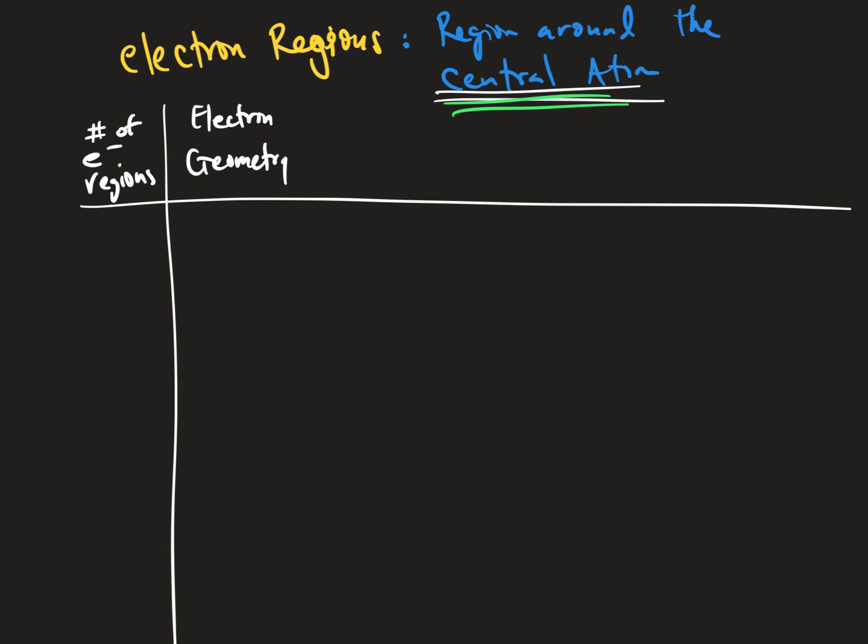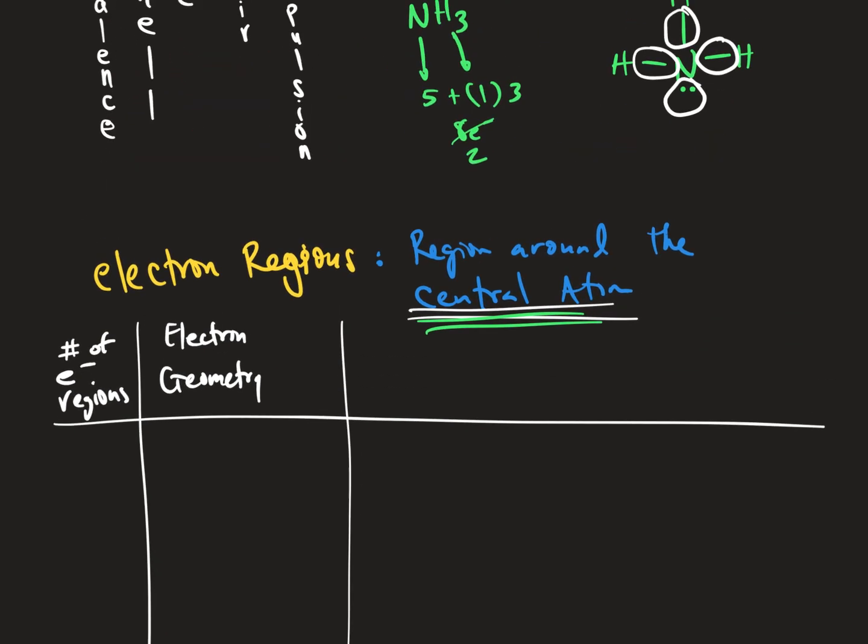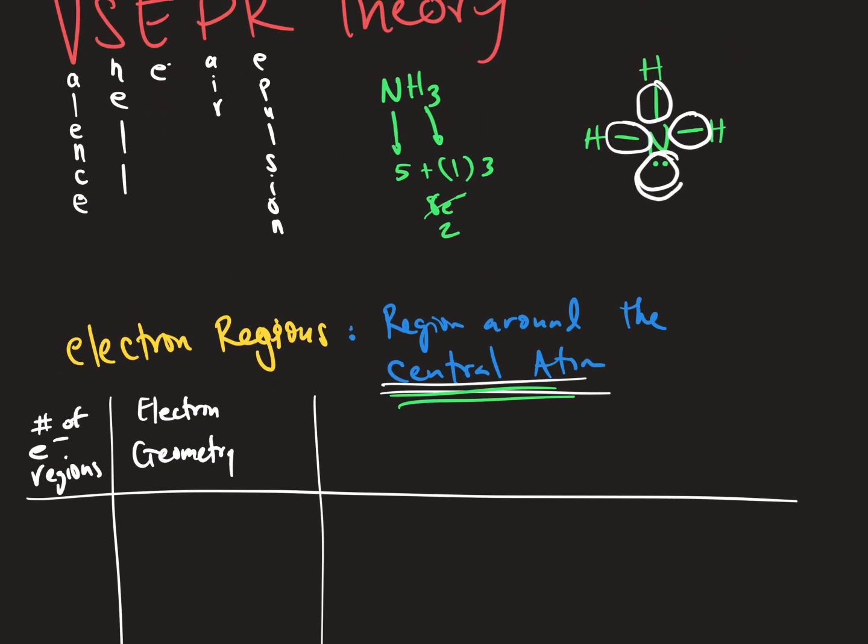Let's make that a little bit longer. Number of lone pairs of electrons, and this right here is a lone pair. Why do we call it a lone pair? Because it's all alone. It's not being shared with anybody, right?